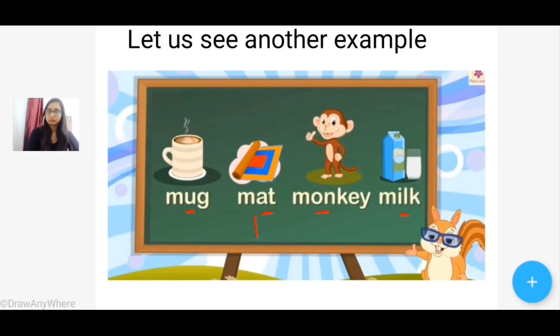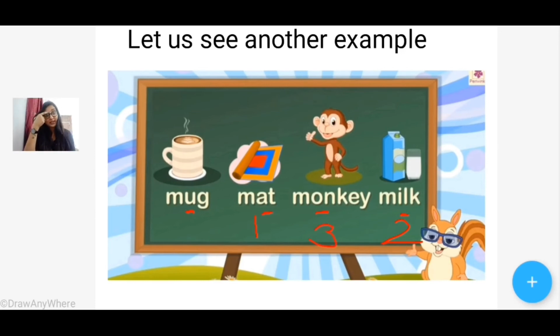B, C, D, E, F, G, H, I. Do we have I? Yes. Milk. So number 2 will be milk. J, K, L, M, N, O. We have O. So monkey will be 3.